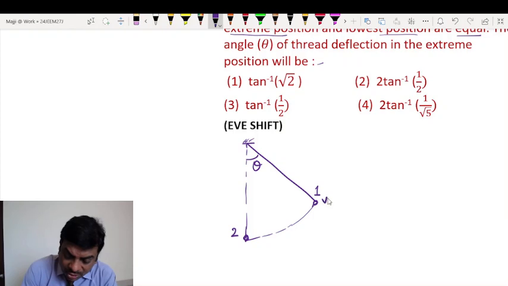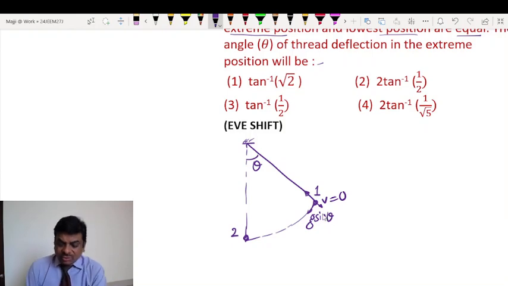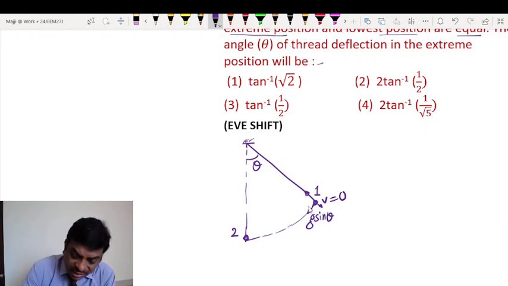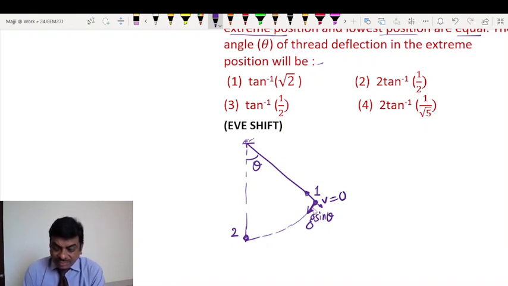Since the body stops here at the extreme position, we can say that the only acceleration acting is g sin theta, because this force will balance, there is no net force in the radial direction here. So the only acceleration acting is the tangential component of acceleration due to gravity.